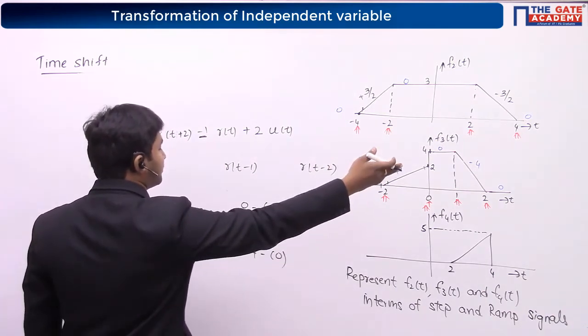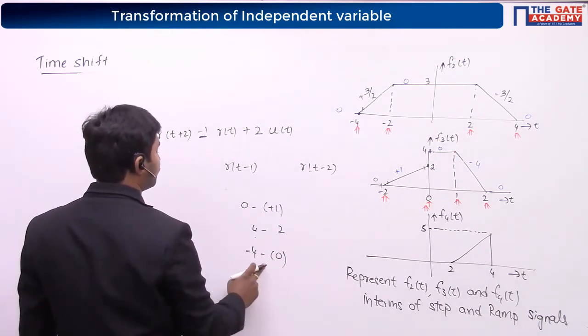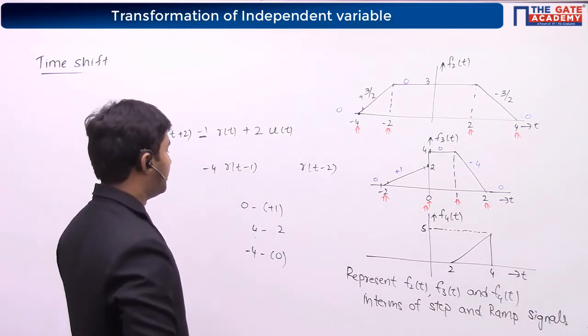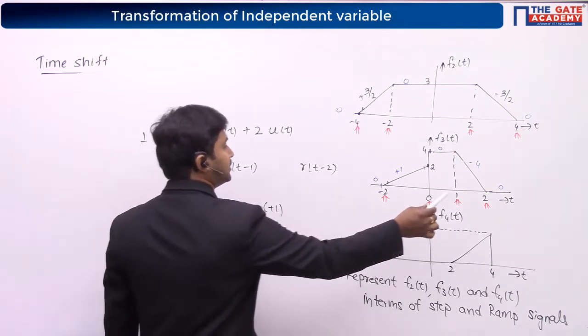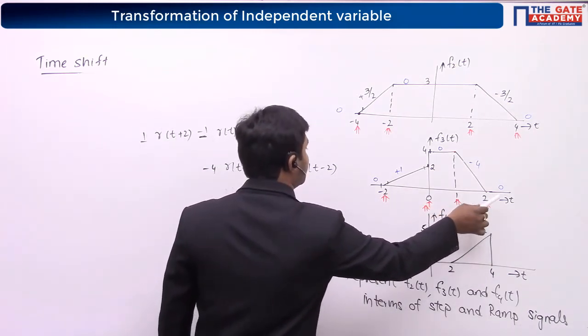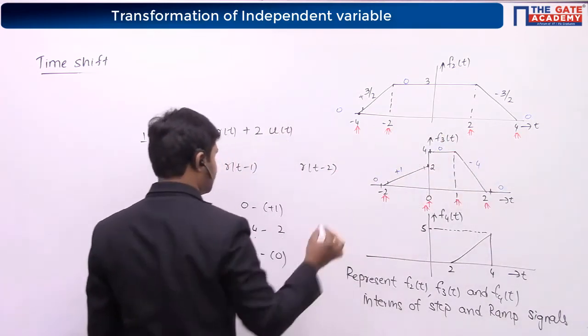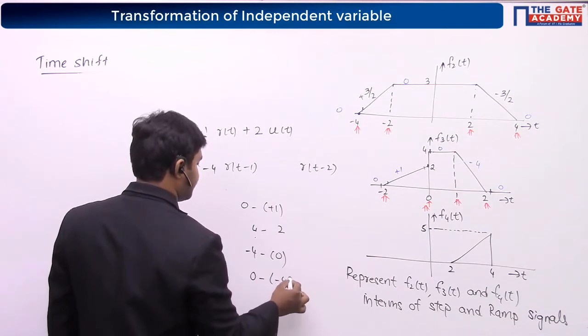So final slope is -4 and initial slope is 0. So -4 minus 0, it is -4. And the last one, at t is equal to 2, after it is 0, before it is -4.